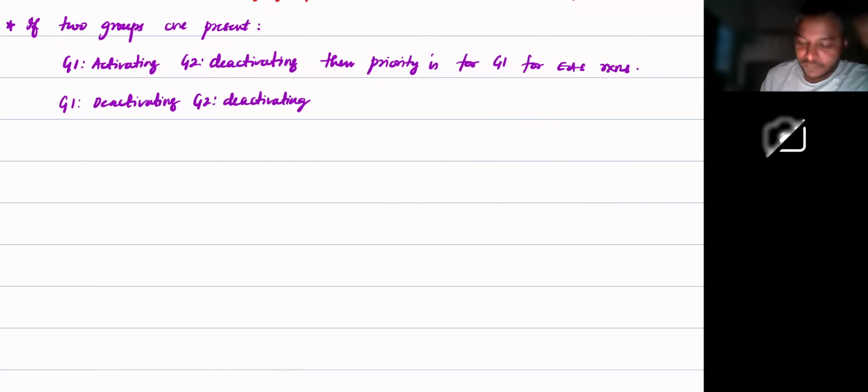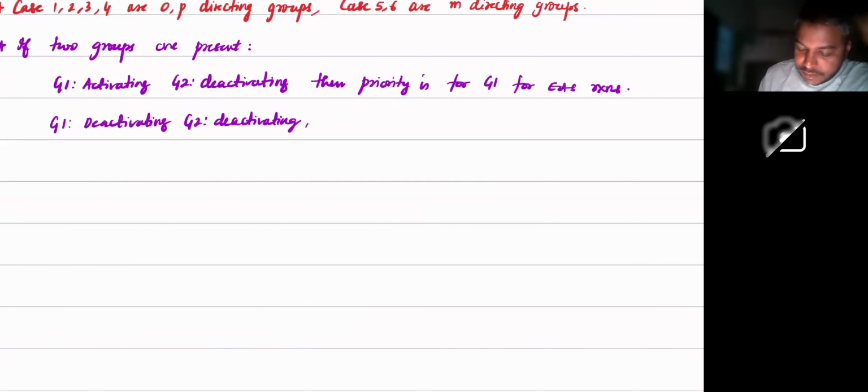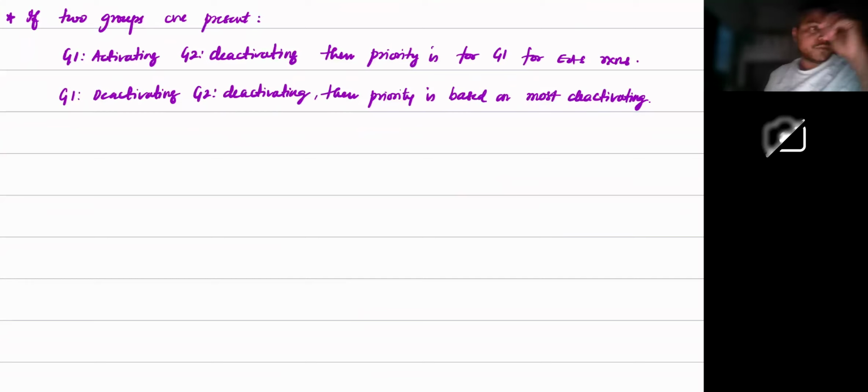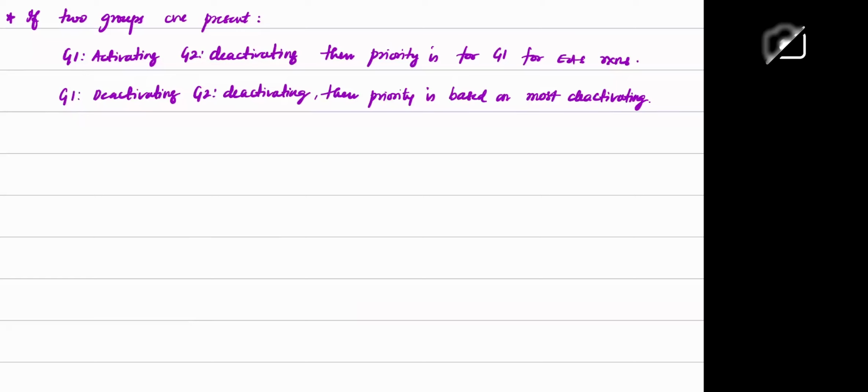Then priority is based on the most deactivating. Similarly, if you have both activating, you need to check for the most activating case. Clear? Make sense?